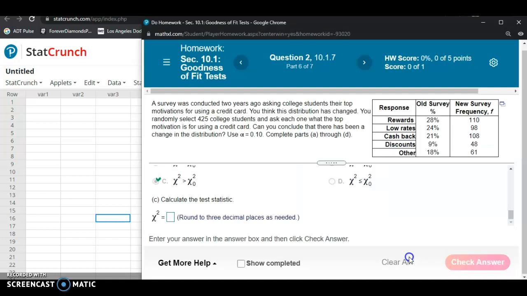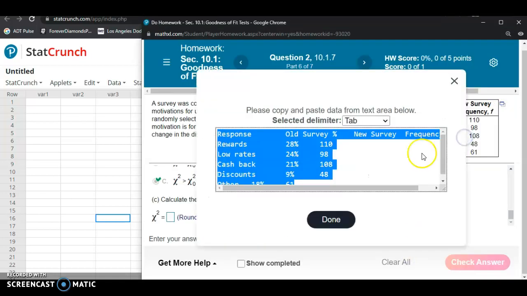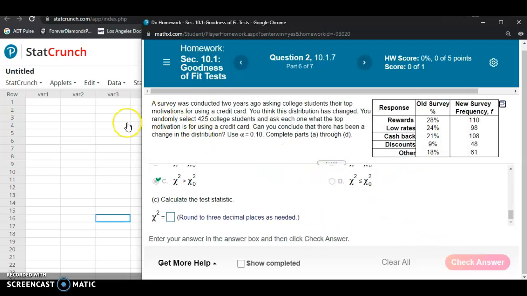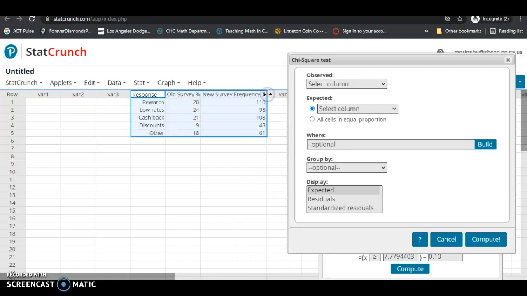So let's go ahead and copy the table, and paste it so that we have the responses in one column, the proportions in the middle column, the proportion of the responses from the previous survey, and then the observed frequencies in the third column.